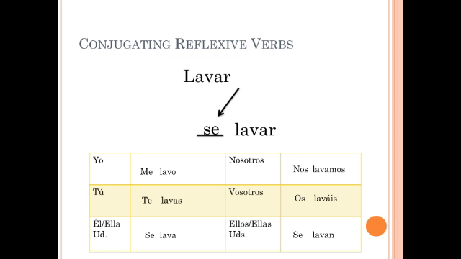For example, you can wash yourself in a shower, but a dog can't wash themselves in the shower. So you would use a reflexive verb when you're talking about yourself in the shower, and you would not use a reflexive pronoun when you're talking about washing your dog.